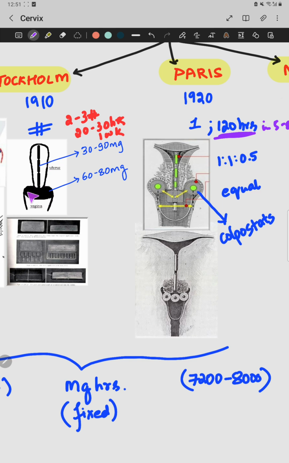Comparing the intravaginal and the intrauterine, here it used to be equal. So whatever the amount of radium that you put in the intrauterine and the intravaginal used to be equal, but in the intrauterine tubes, the ratio used to differ. Now you can see the green line is bigger in the upper two and it's shorter here, right? So it was like 1:1:0.5.